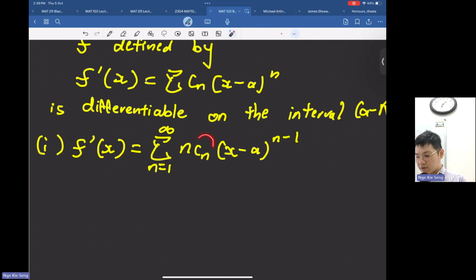Note that there's nothing to do with cn. Cn doesn't have x. Cn is a changing constant, so you don't need to differentiate it. What you need to differentiate is the x minus a.